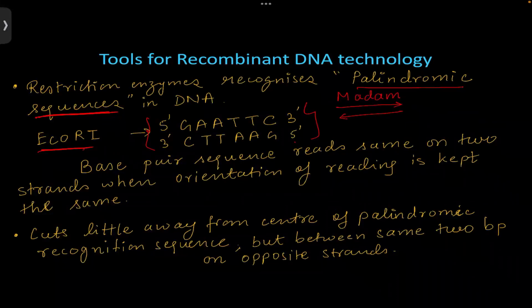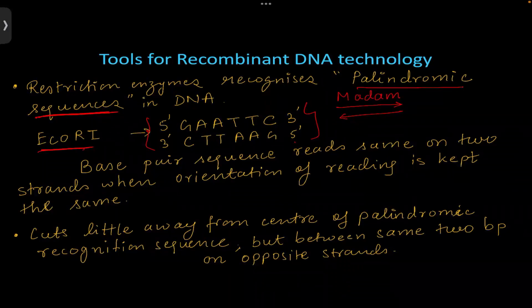So it reads the same when you keep the orientation of reading the same. Whereas when you read from 3' to 5' direction, it is CTTAAG, and here also in this strand, when you read from 3' to 5' direction, CTTAAG. Here also the sequence reads the same. So you have to keep the orientation of reading the same in order to get the same sequence. Okay, so that is the palindromic sequence.